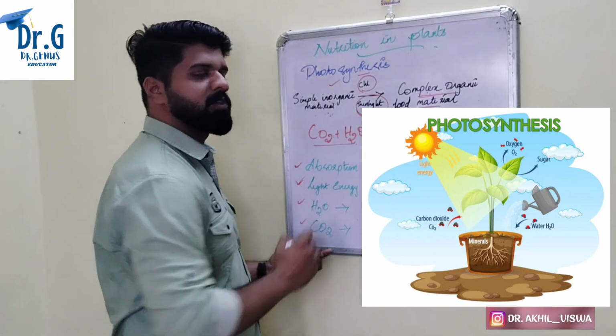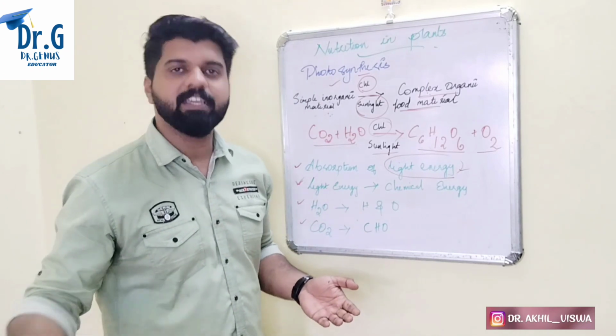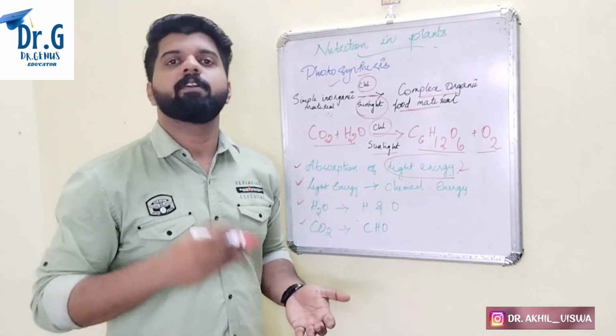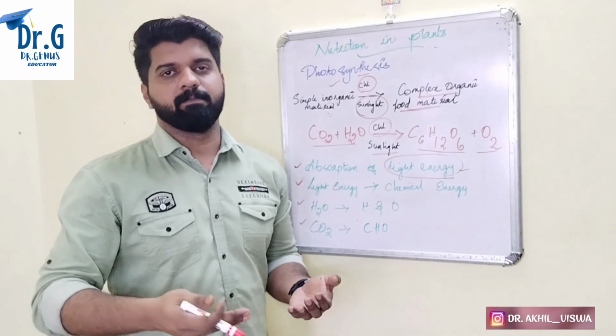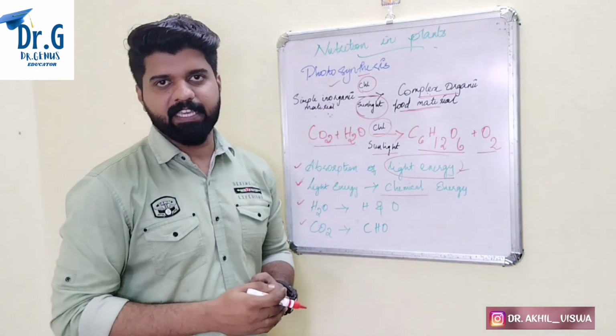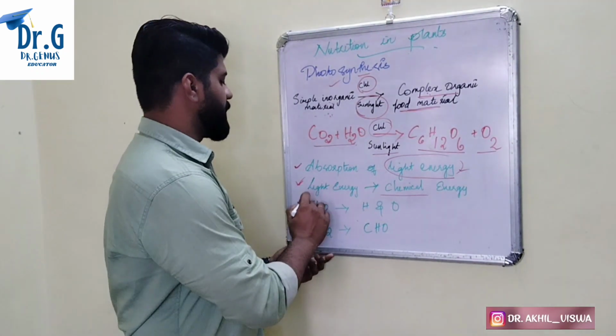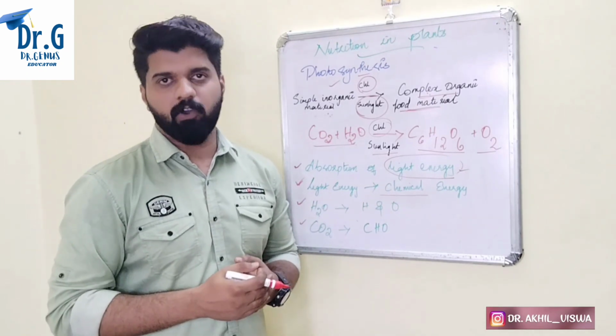The next step is that the absorbed light energy will be converted into chemical energy, which we can utilize for nutrition purposes. So the second step is the conversion of light energy into chemical energy. The third step is water getting split into hydrogen and oxygen.